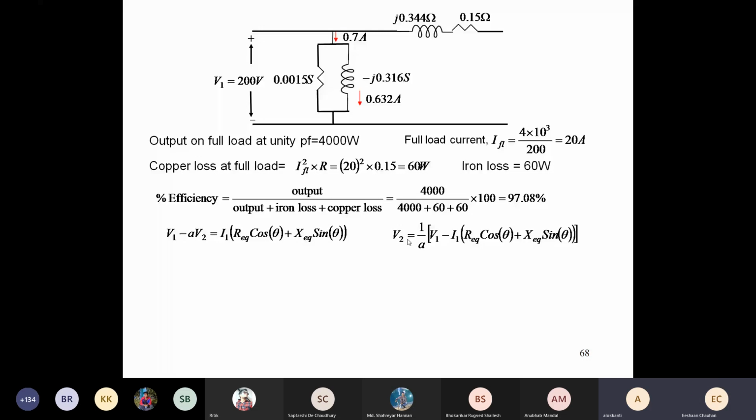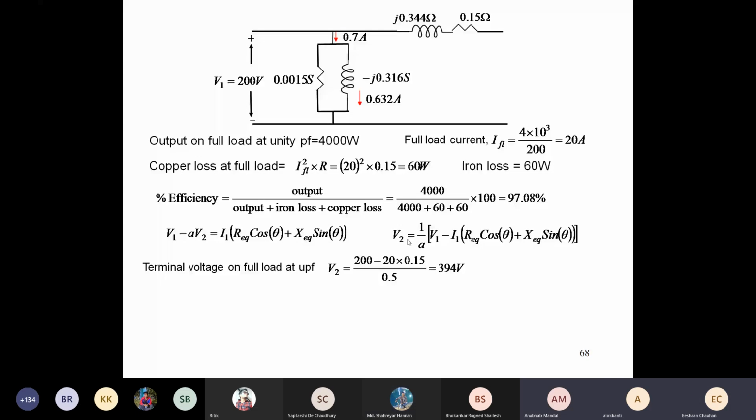So from here you find out the terminal voltage at full load at unity power factor. It is given by this. Unity power factor means cos theta equal to 1. So sin theta becomes how much? 0.